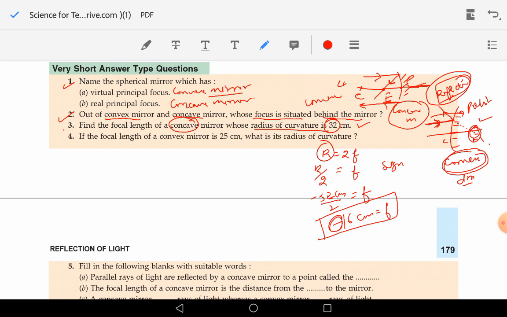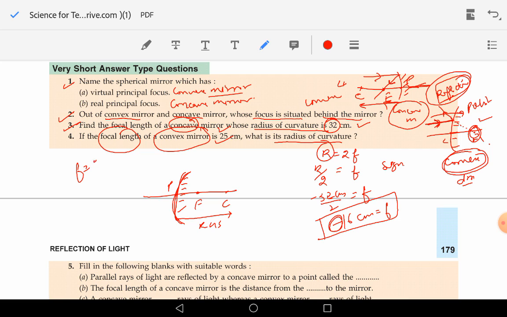Now moving to question number 4: if the focal length of a convex mirror is 25 centimeter, what is its radius? Let us quickly understand. This is a convex mirror, its reflecting surface is curved outward. This is the focus, this is the center, and this is the pole. From the pole we are going to the right hand side, which means the focal length will be positive.